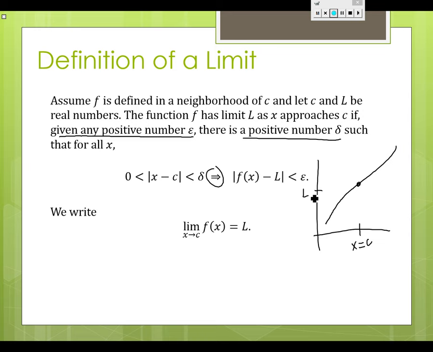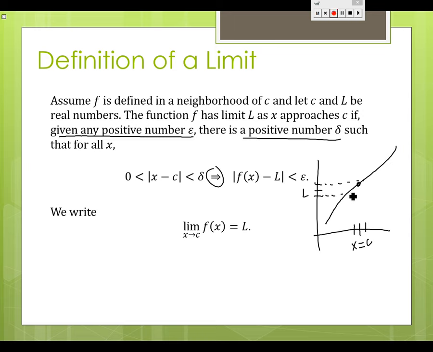Well, then show me that there is a delta that gets you within 0.005 of your limit L. If you claim that's the limit, shouldn't there be some delta around c, to the left and to the right of c, such that if we're inside of that, you always are within 0.005, or whatever you want to claim the tolerance is, around this point?